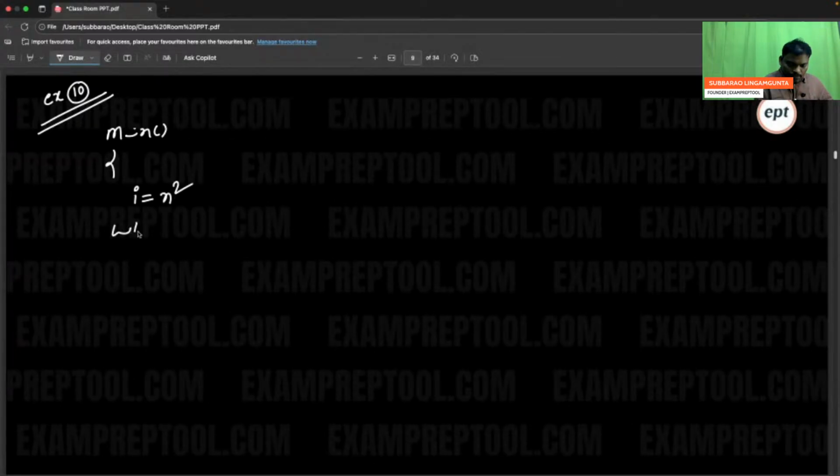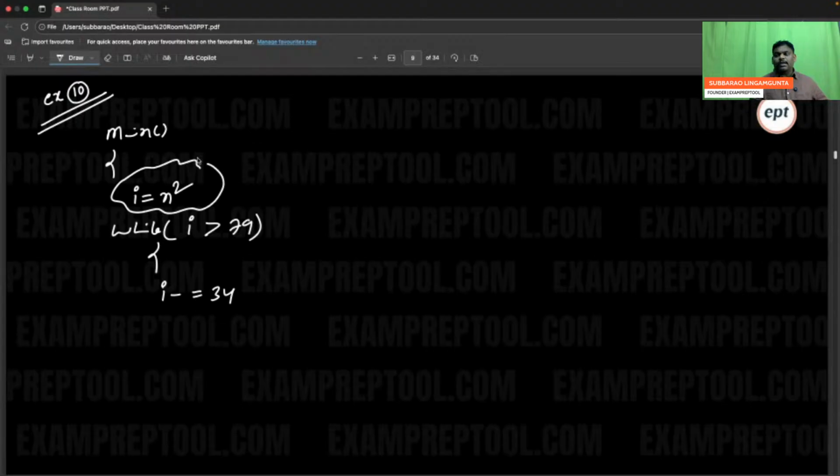While I is greater than 79, be careful. I minus is equal to 34. Remember, I is already bigger, so I have to decrement inside. Otherwise, it will go to an infinite loop. Be careful.